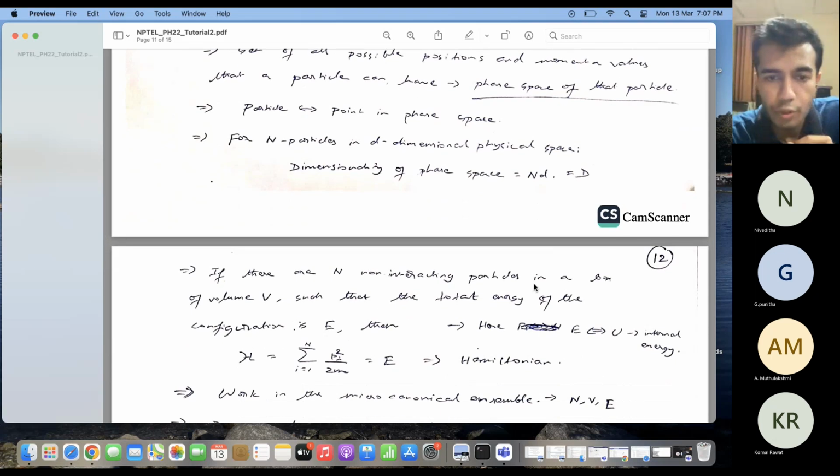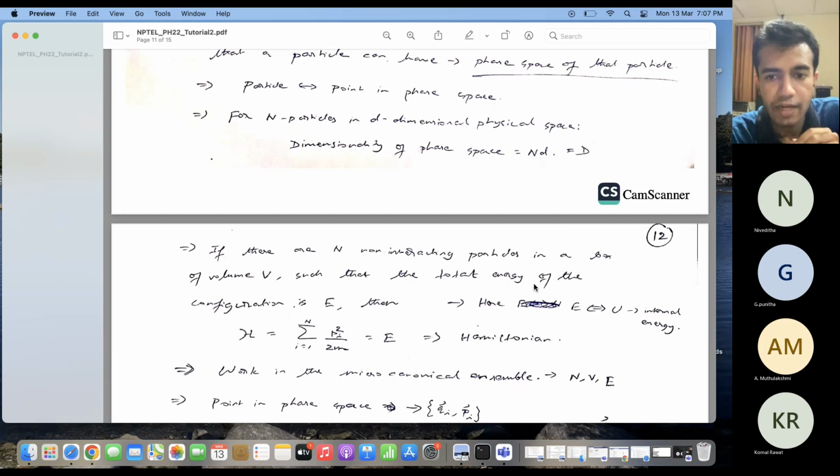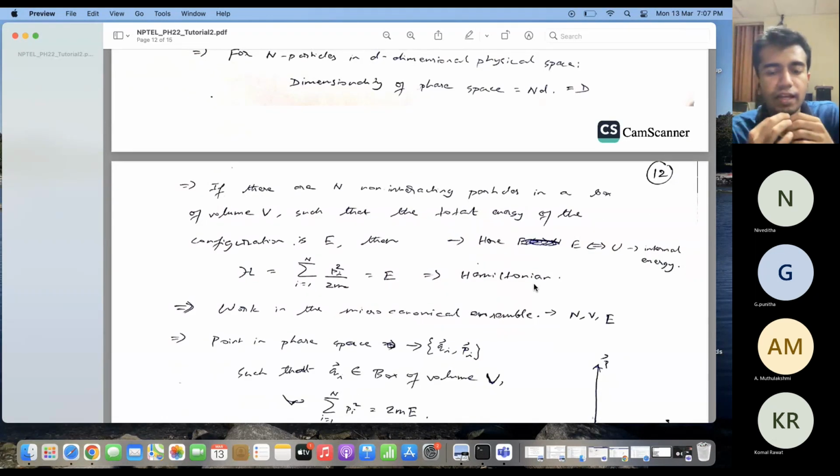So with this knowledge, we will go on to derive the statistics of a classical ideal gas from the phase space perspective. Let us say that there are N non-interacting particles in a box of volume V, such that the total energy of the configuration is equal to E. What do I mean by total energy of the configuration?